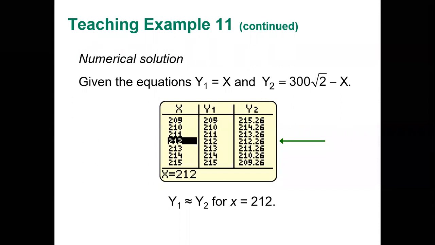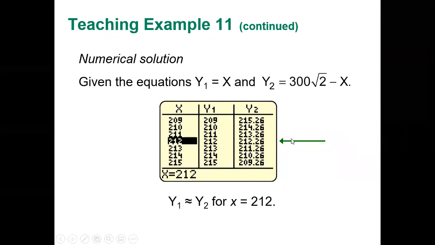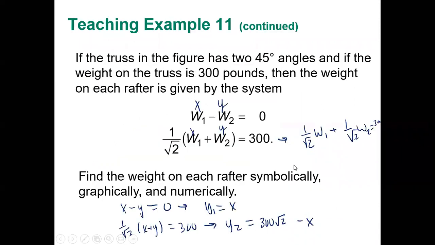But calculator-wise, you would just graph it and zoom out, zoom in, and find the intersection of the two. On table, it would take us some scrolling to get all the way to the point where the values are the same, which is close enough here. So x would equal approximately 212. Pertaining to this problem, x is weight 1. So weight 1 would equal approximately 212.